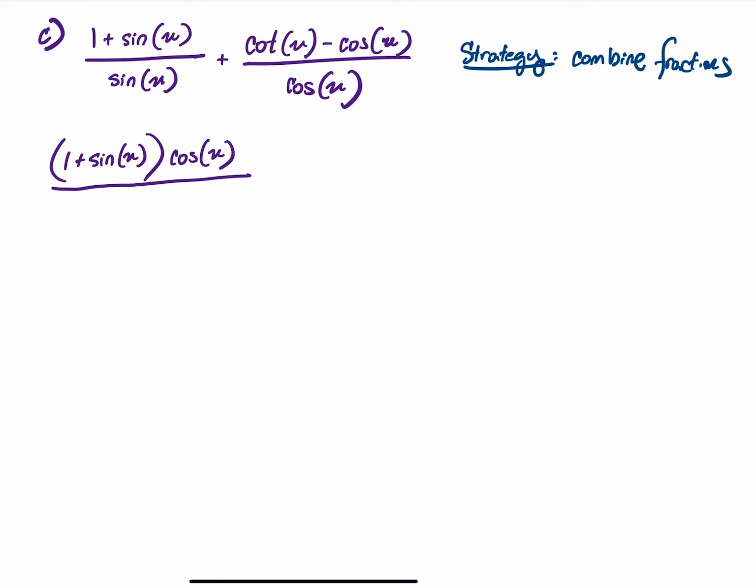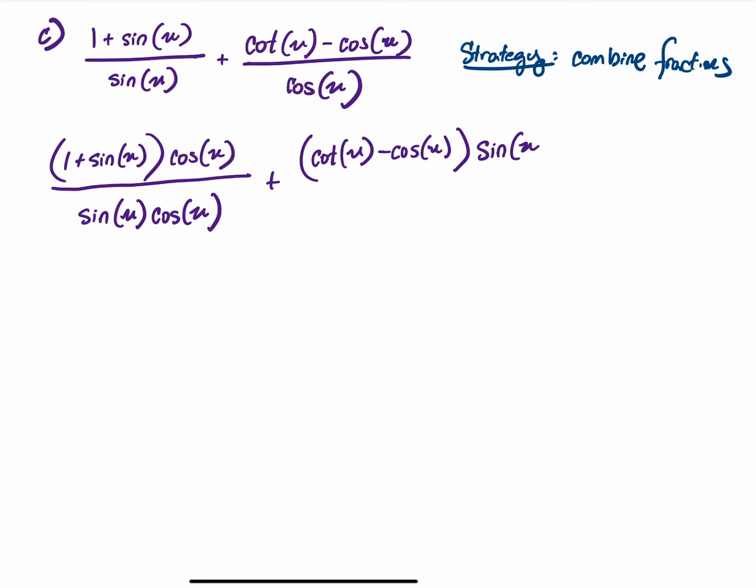And then in the denominator, I'll have sine times cosine. So multiplied by cosine on the top and bottom. And then for my right fraction, I'm going to multiply by sine of u. So this will be multiplied by sine. And then on the denominator, I'll also have sine times cosine.